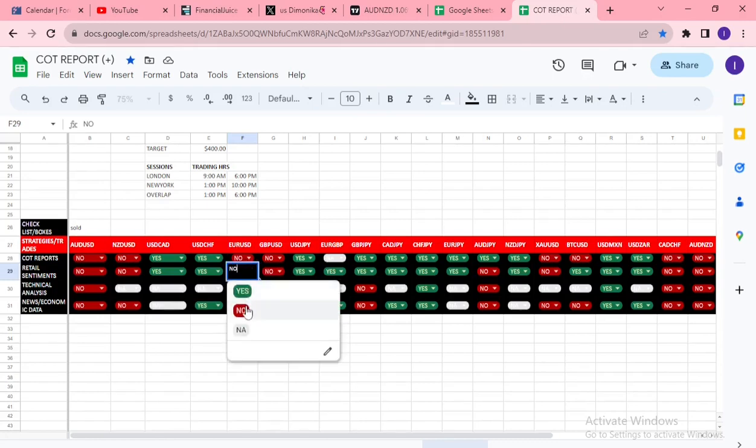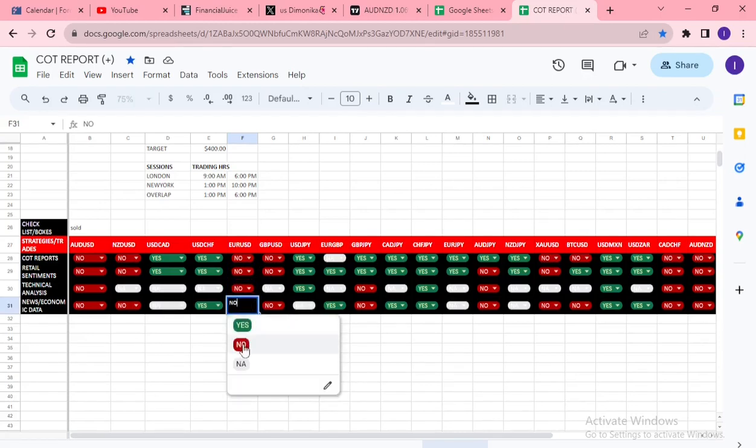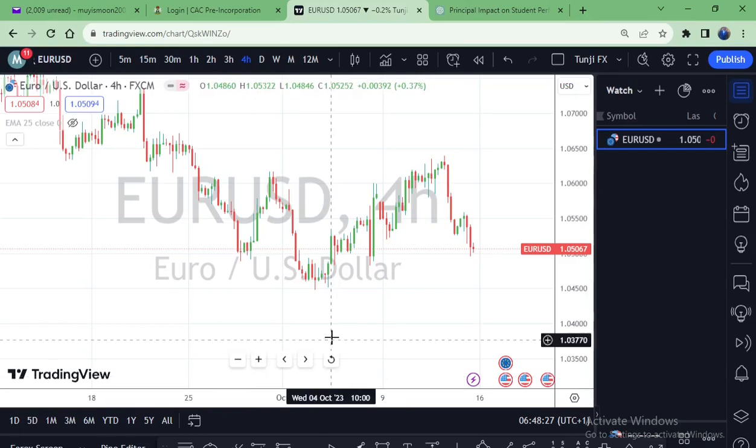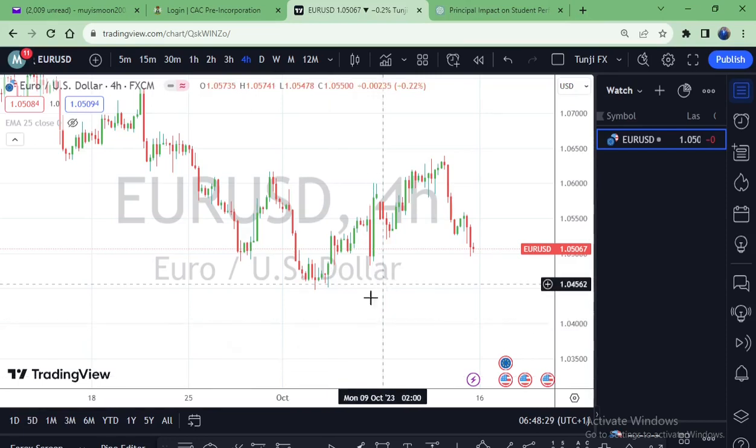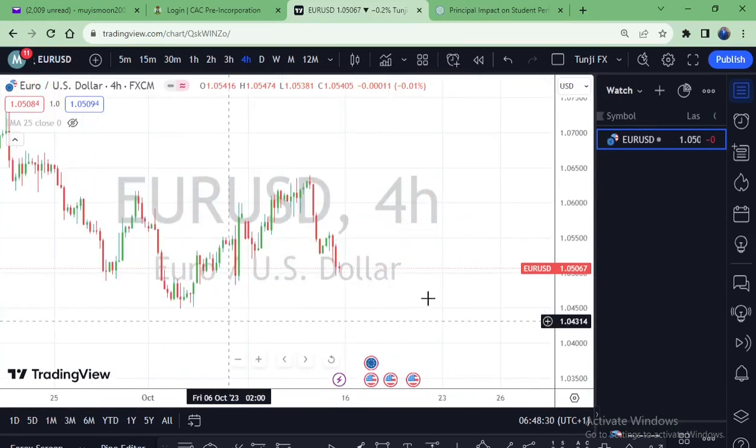The retail sentiment is sell. Technical analysis, sell. We are going to look at that shortly. Economic data also says sell. So for the coming week, how are we going to take advantage of this? This is what we are going to be looking at.